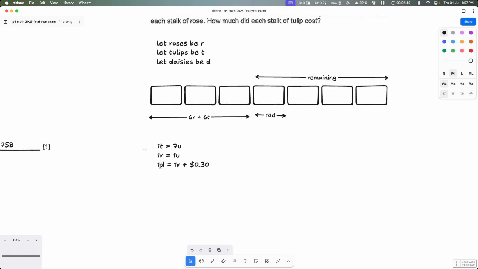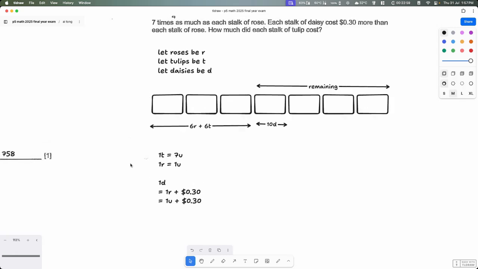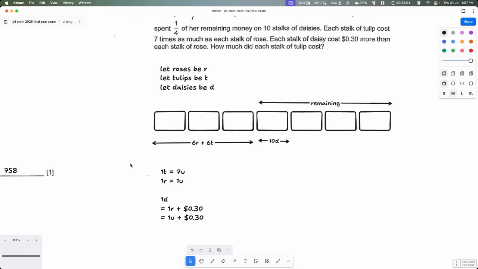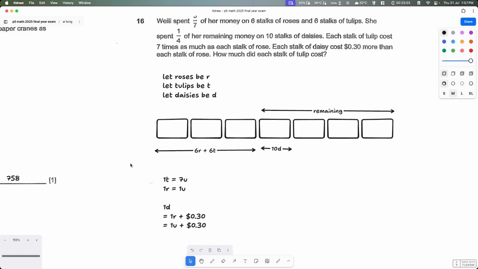It's the same as 1 unit plus 30 cents. So 1D is equal to 1R, which is the same as 1 unit. How much does the stalk of tulip cost? Tulips over here is 7 units.